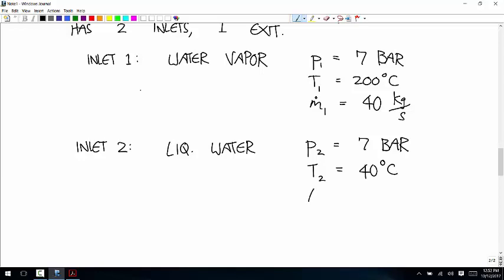And the cross-sectional area of the inlet is 25 times 10 to the minus 4 meters squared. So this area is the cross-sectional area of the opening.